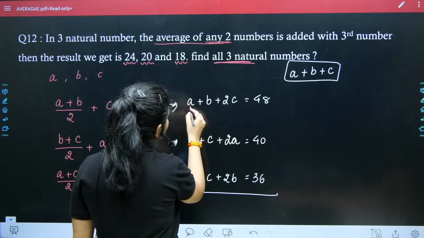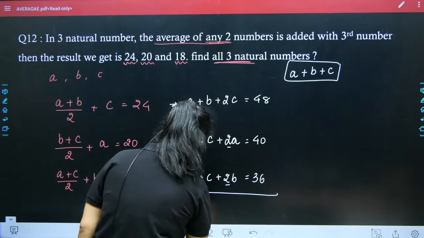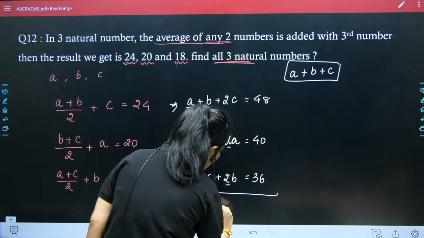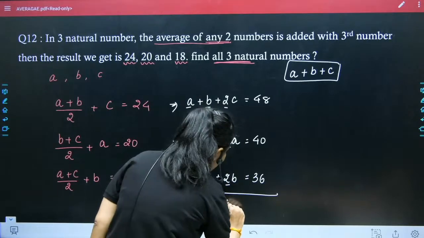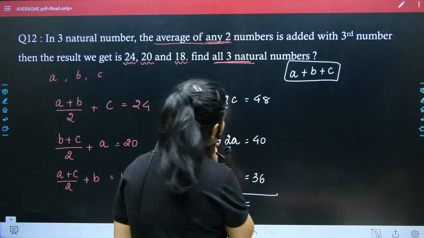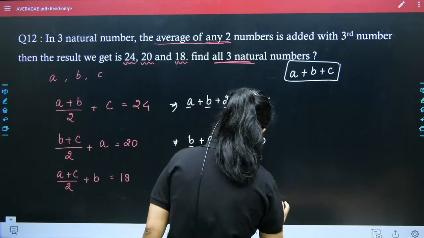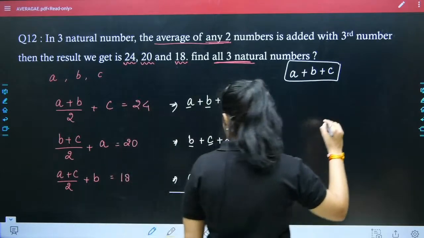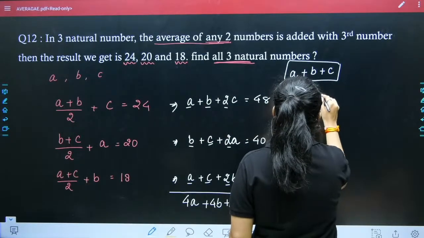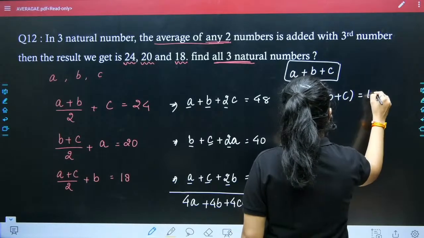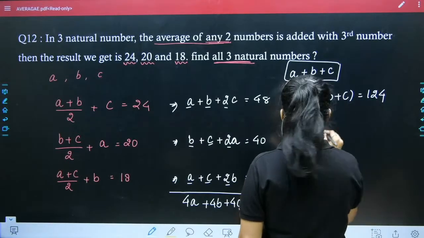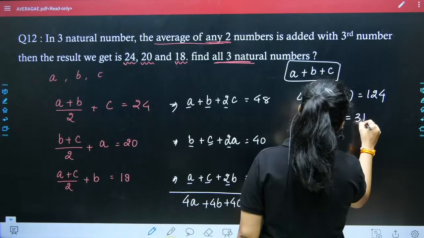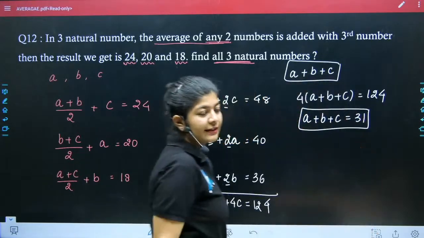If I add all these, I'll get 4a over here, 4b over here, and 4c over here, and that is equal to 124. So I can say 4 times a plus b plus c is equal to 124. So if I calculate the value of a plus b plus c, I'll get it as 31.